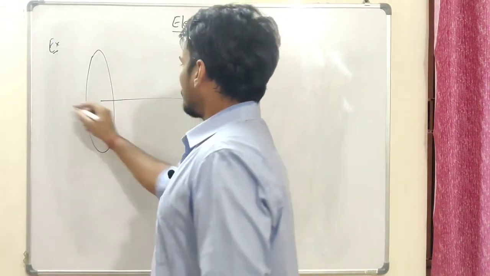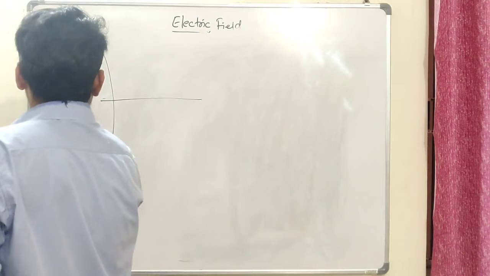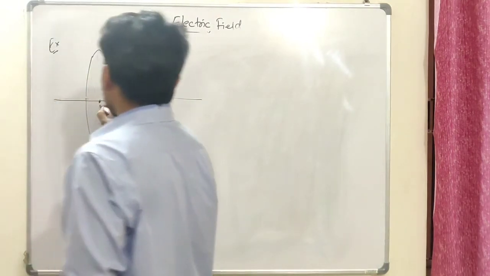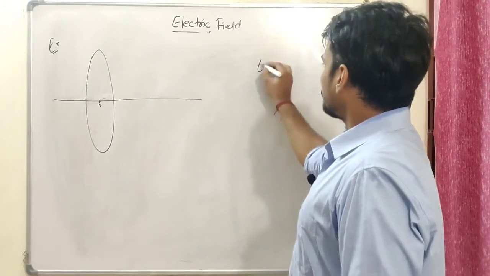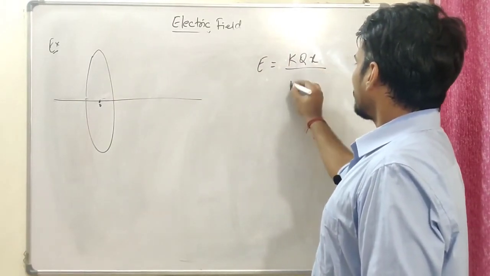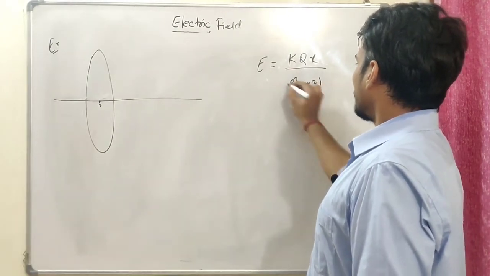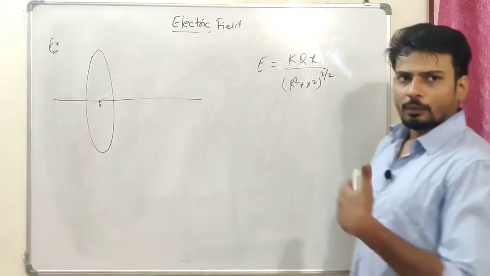I know that at the center, the electric field is 0, and the field due to the ring is nothing but kqx over (r square plus x square) to the power of 3 by 2. It varies that way, right?